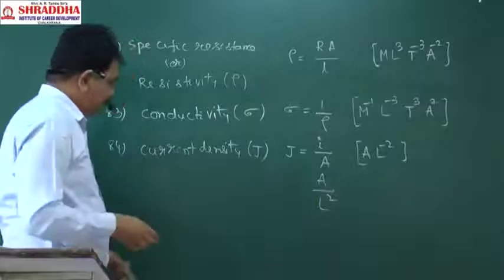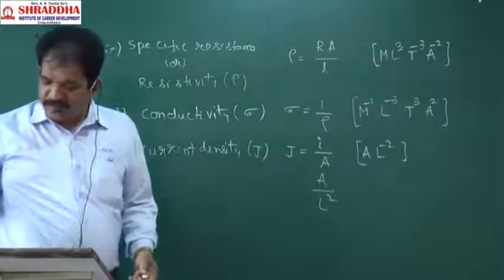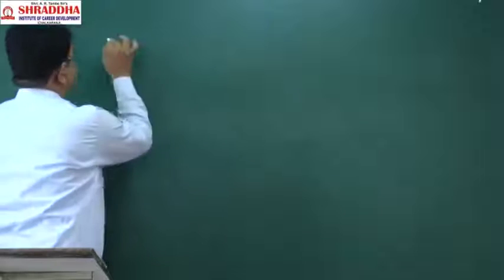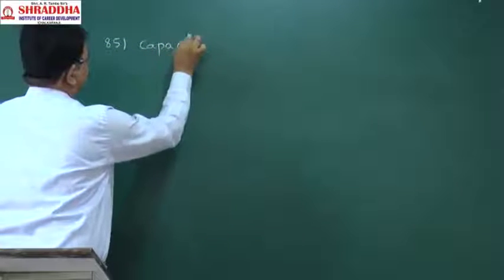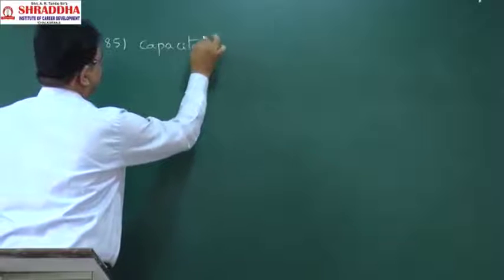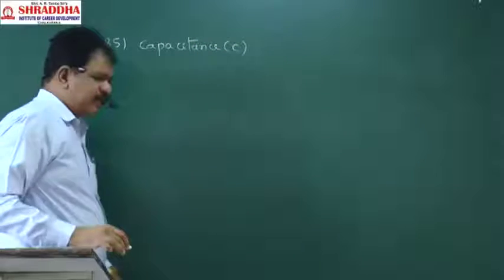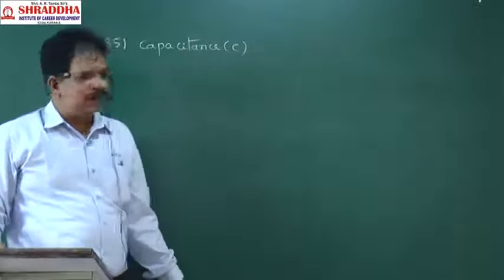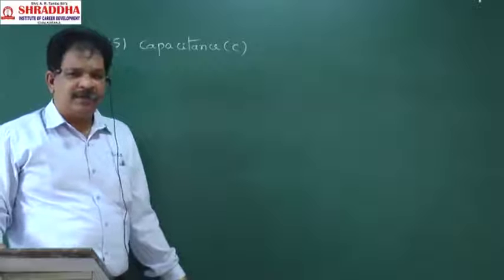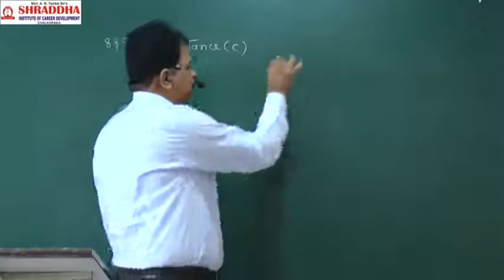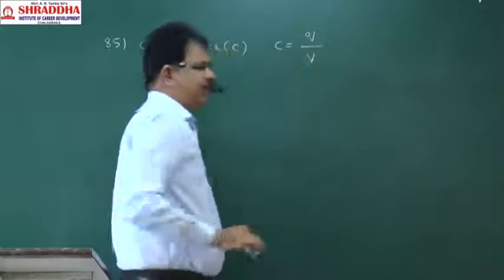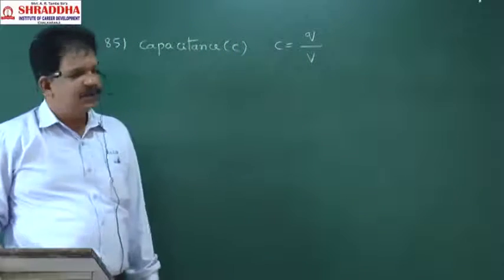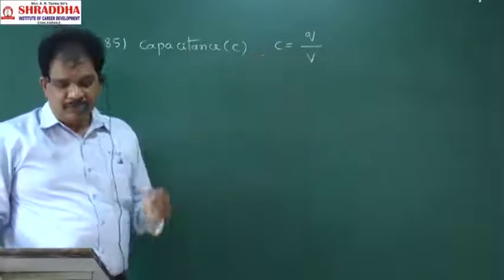Okay. Next, 85. Capacitance. It is indicated by the letter C. C is equal to Q by V. Clear?